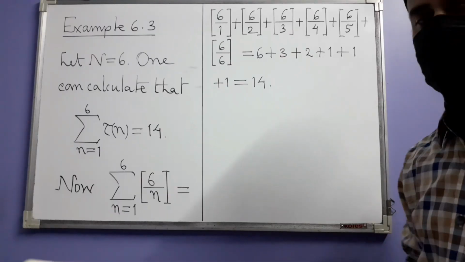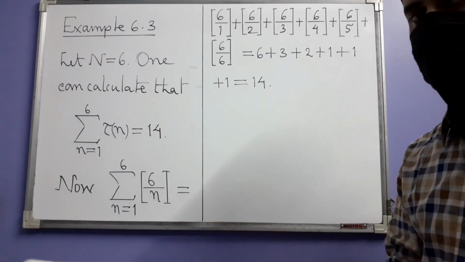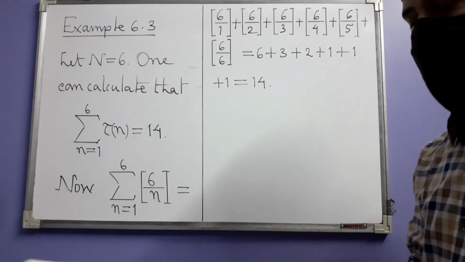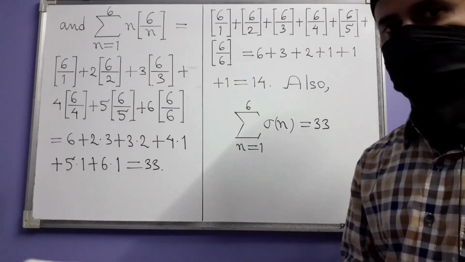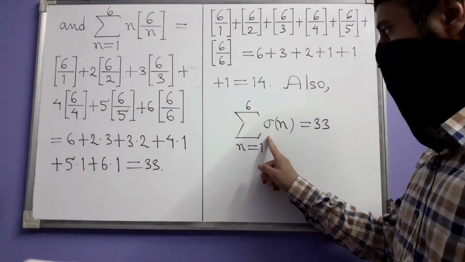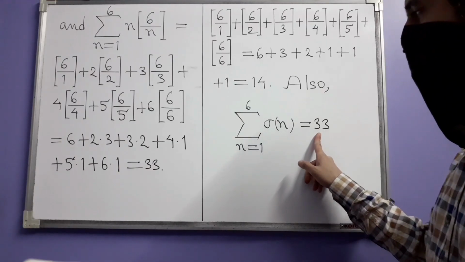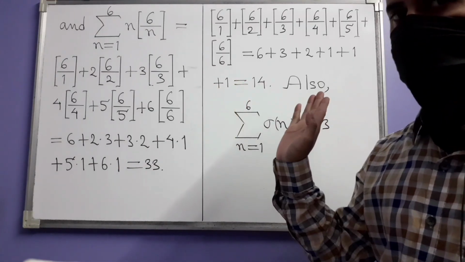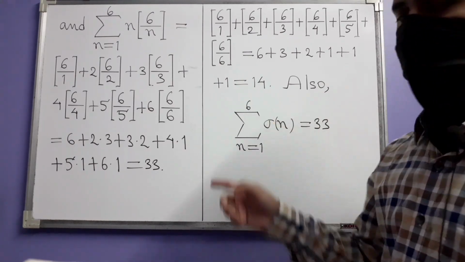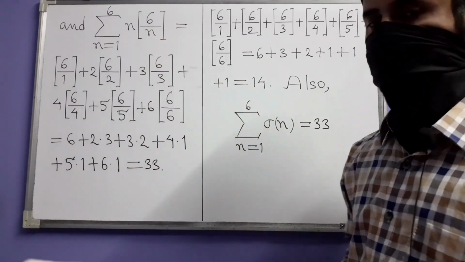Next, let us also see how we have the equation for sigma in this same case. So here is the corresponding sum for the function sigma, and this time its value is 33. On the other hand, if we take the right hand side of that equation involving sigma from corollary 2, this is the right hand side.